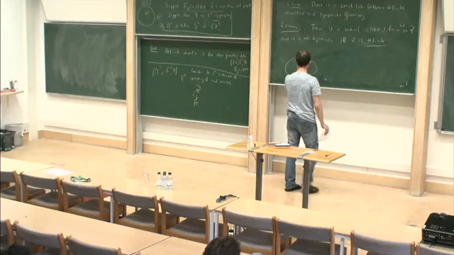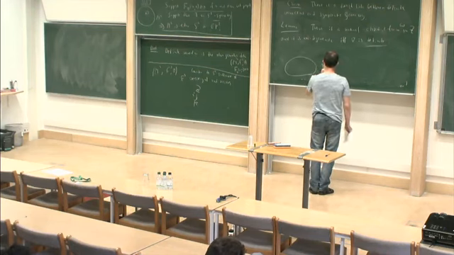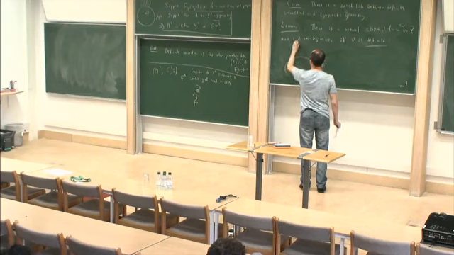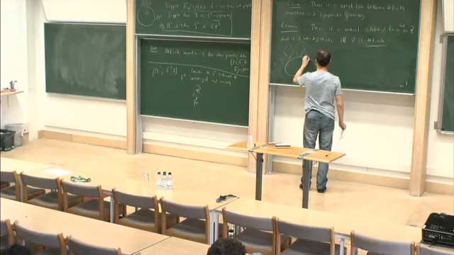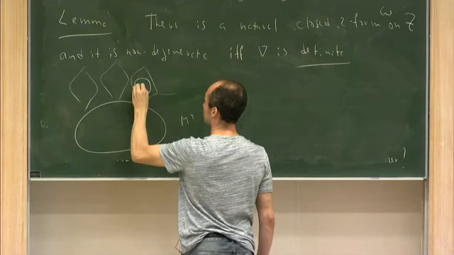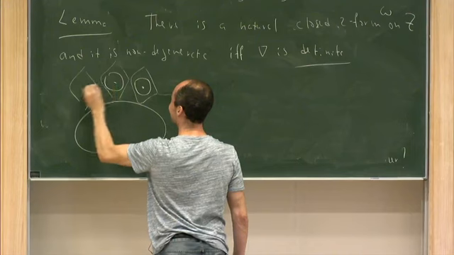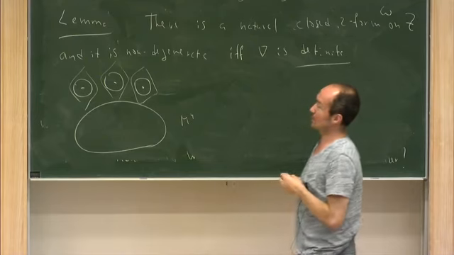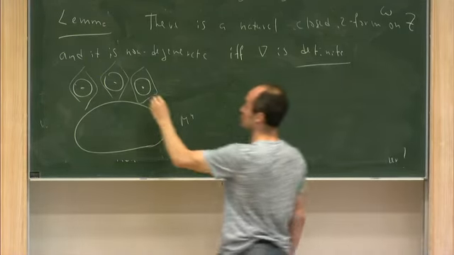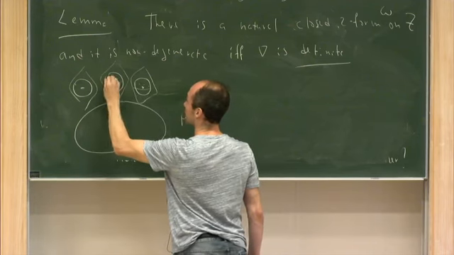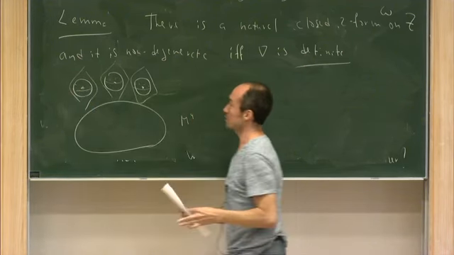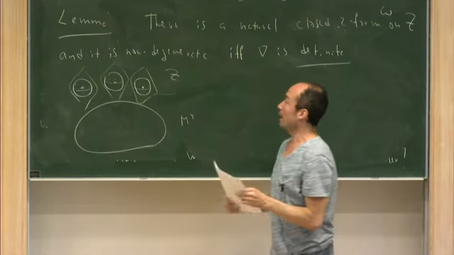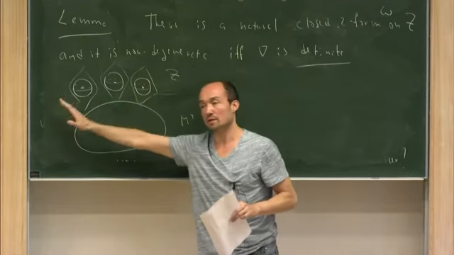We have our four-dimensional manifold M4, and we have this rank 3 bundle and a connection, and we have two spheres here. And what we want to do is construct a closed two-form on this bundle.